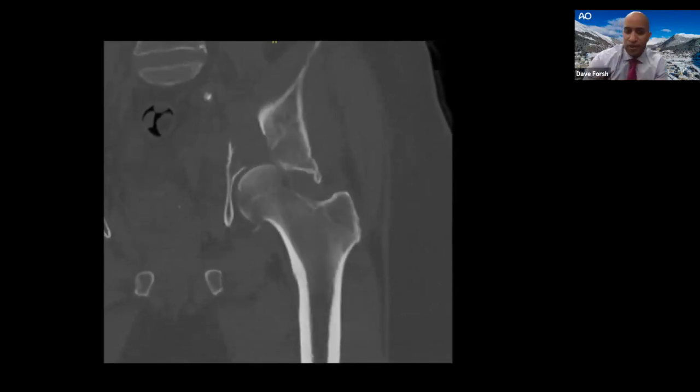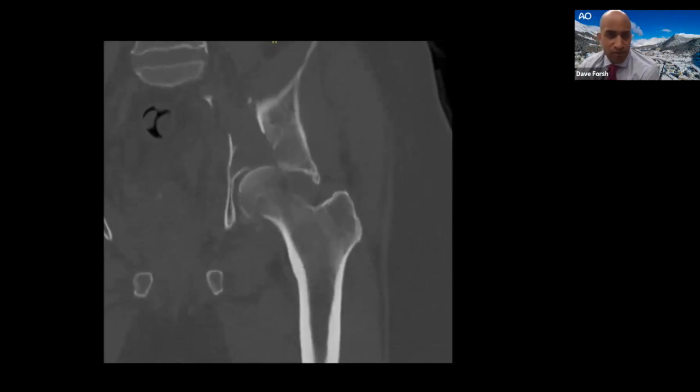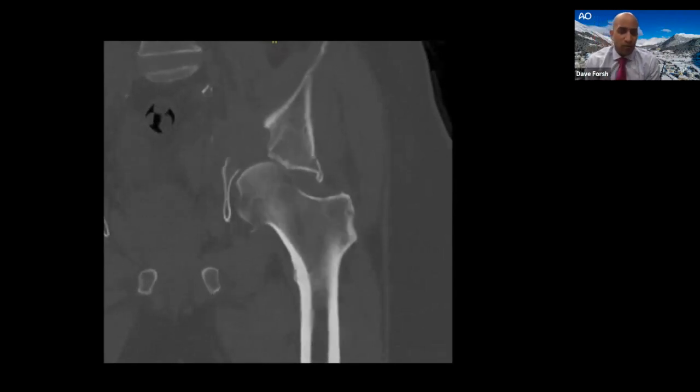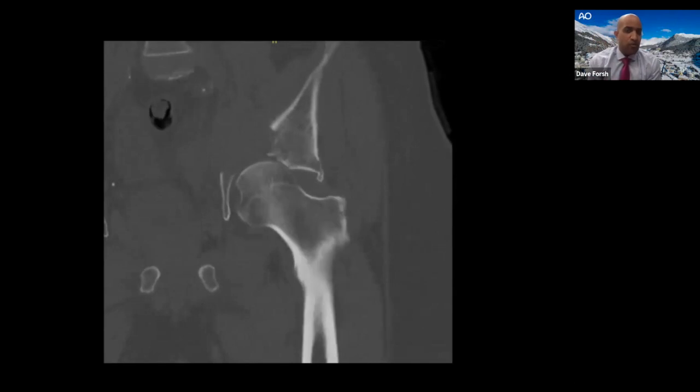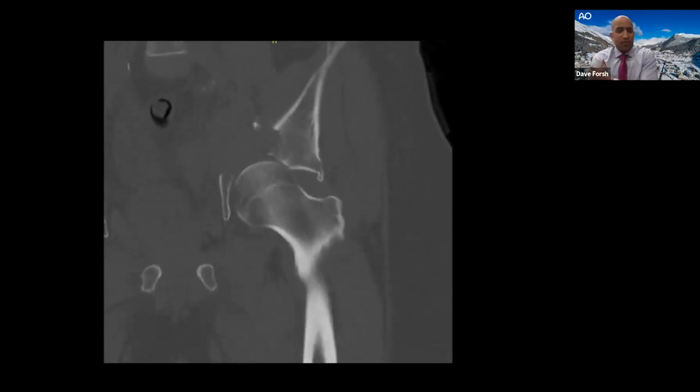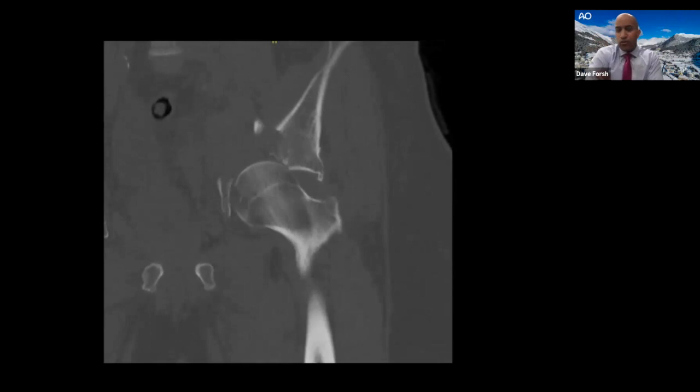The other thing is, and we see this often because at least in my institution, we get a lot of referrals for even acetabular fractures. And there are those that may be waiting 24 hours, 36 hours for transfer, and they may be subluxed like this and won't be in traction.